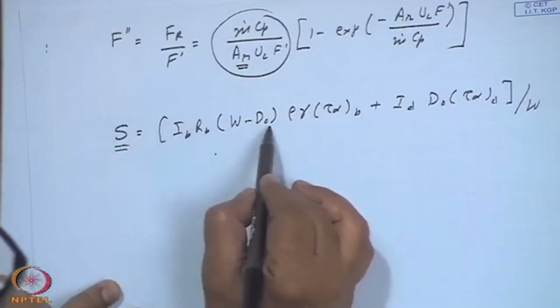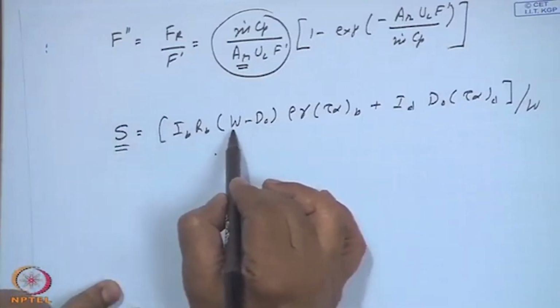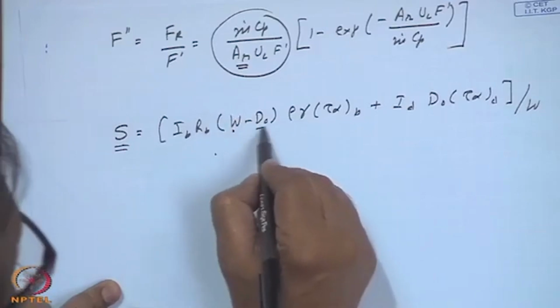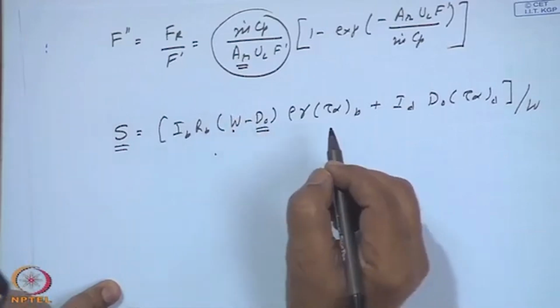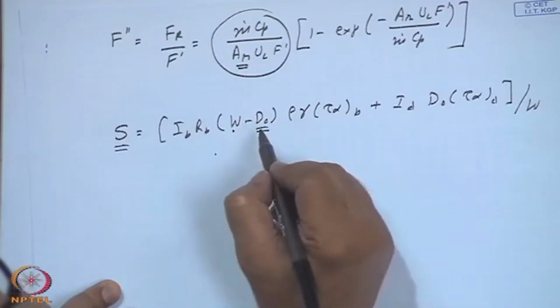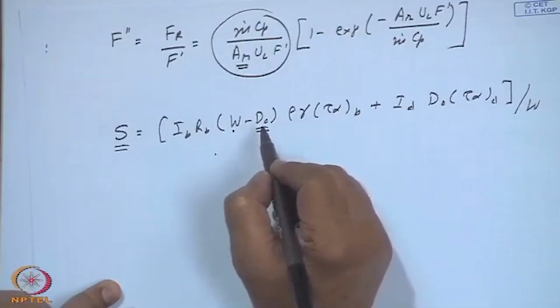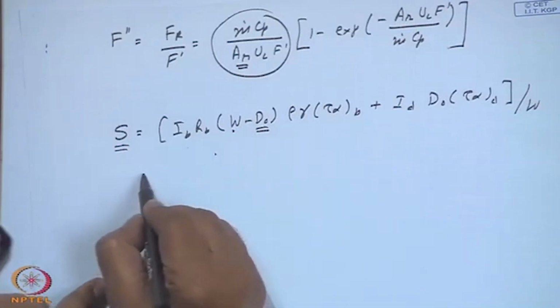So, W minus D naught instead of W, which is the width of the absorber, is due to the fact there may be a shadow cast by the receiver tube onto the aperture area.